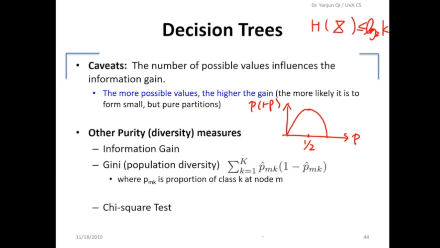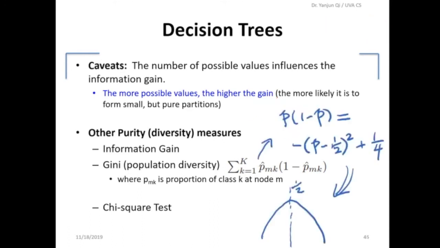Even though on the surface they look so different from the information gain or entropy definition, in fact it has a similar reverse bell shape. You can do the calculation pretty easily, it's really simple to derive.